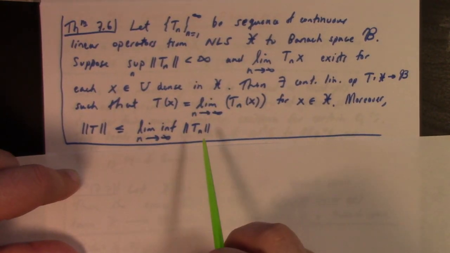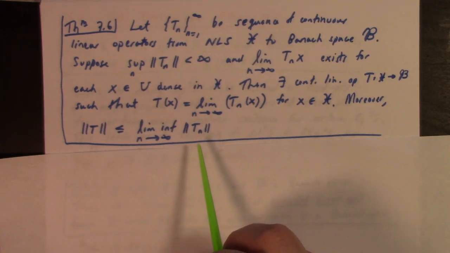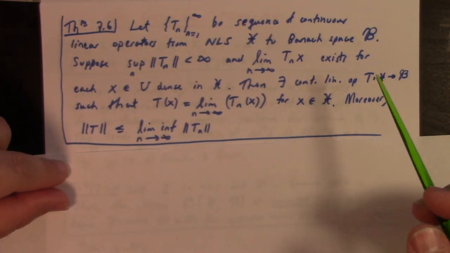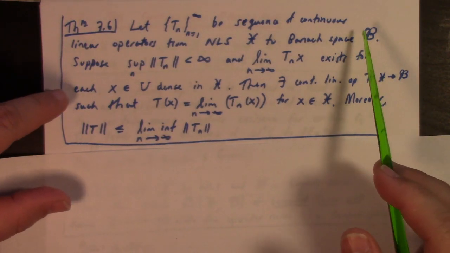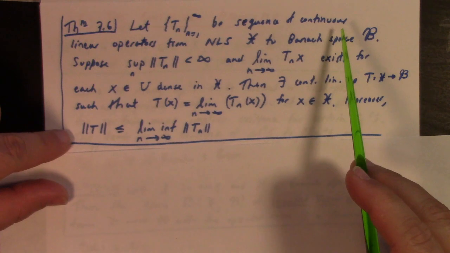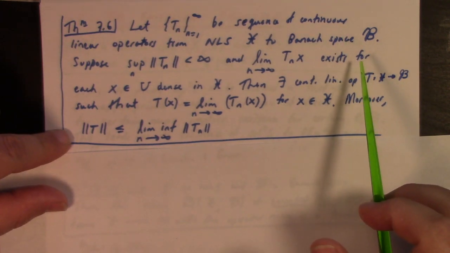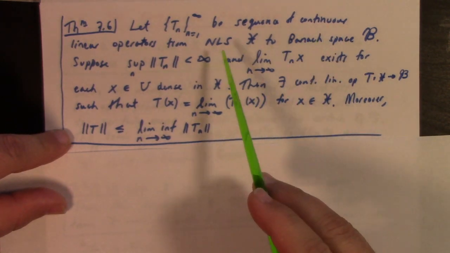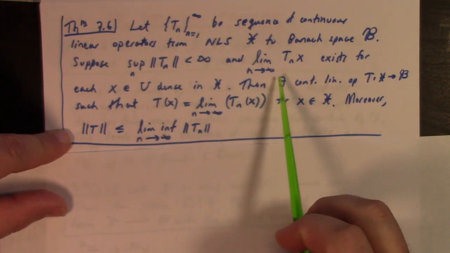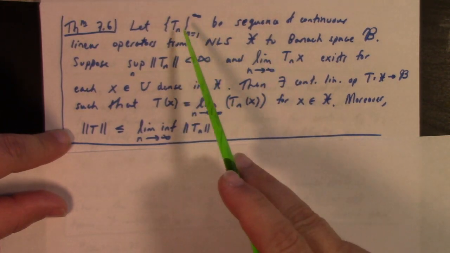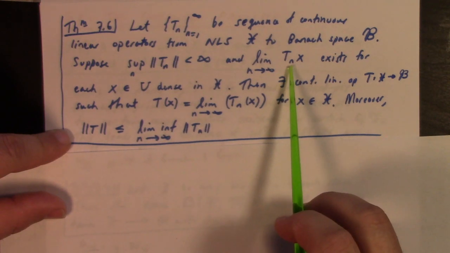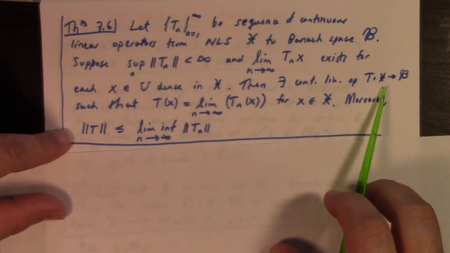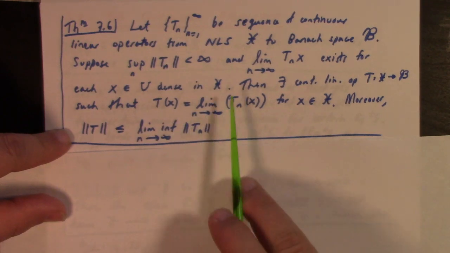operators. So this is a lot to take in, but it's actually a very useful theorem in the sense that it essentially says that if you can find a sequence of continuous operators, and suppose we're talking about the domain being real numbers, well, if you could show that the limit for these operators exists for rational numbers, then that would be enough to show that there's a limiting function defined for the real numbers, which behaves in a natural way with respect to the given data.